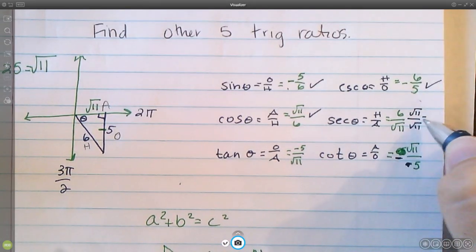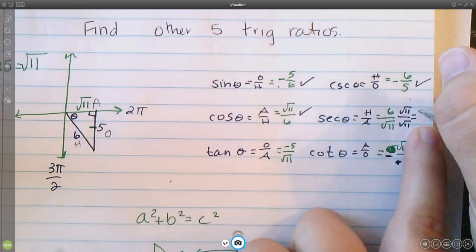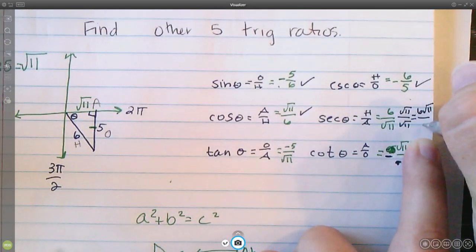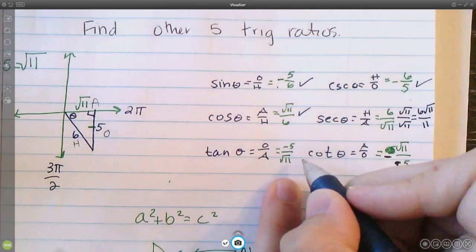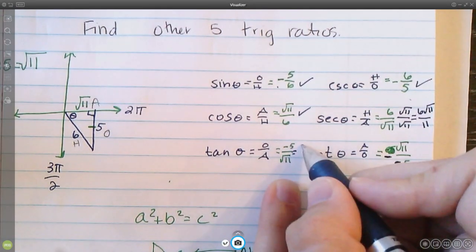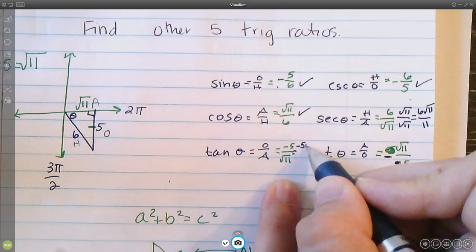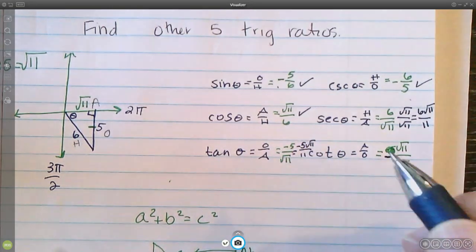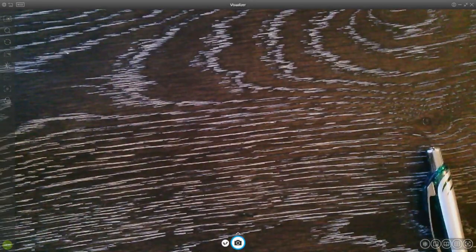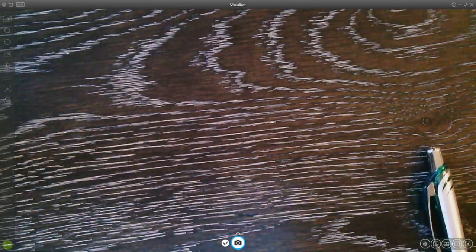And you get 6 root 11 over 11. And here you're going to get -5 root 11 over 11. Okay, so now that we have this down, let's go back to this page.